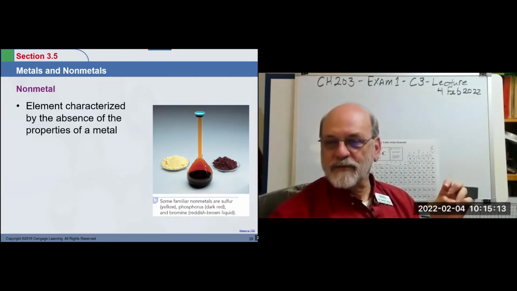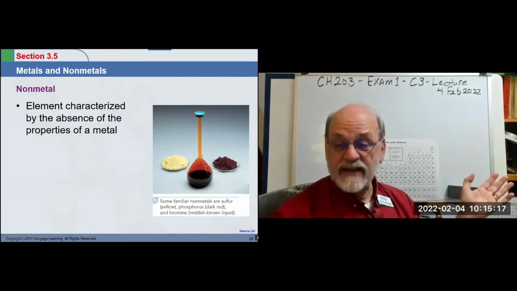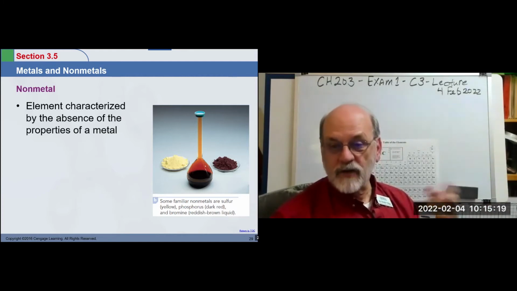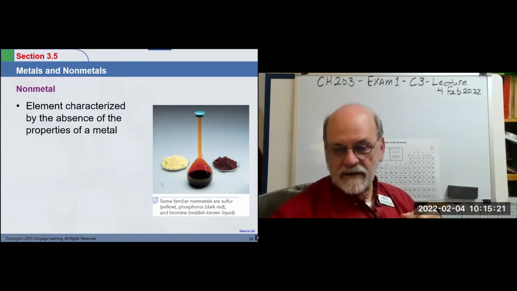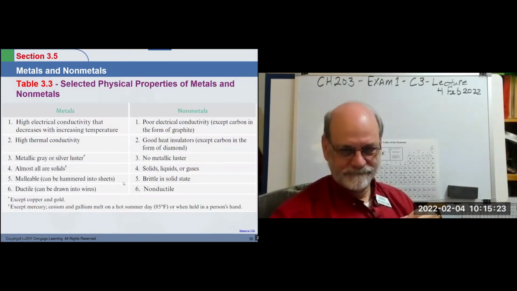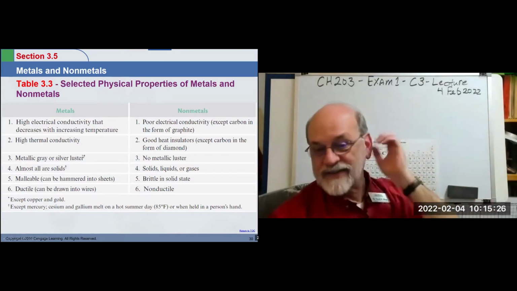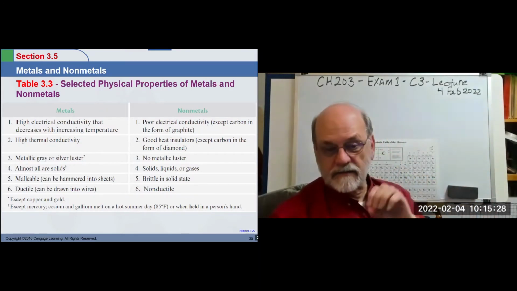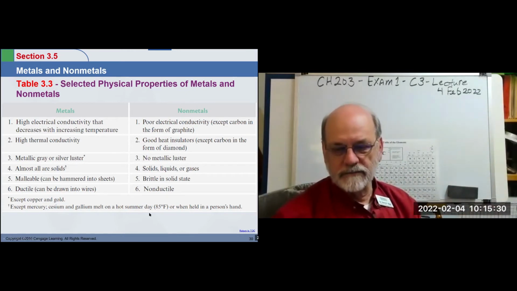They're absent the properties of metals. They can be any phase, and when they're solid, they're brittle. So these compare side by side, and this is taken straight out of your textbook, so you can look at that at your convenience.